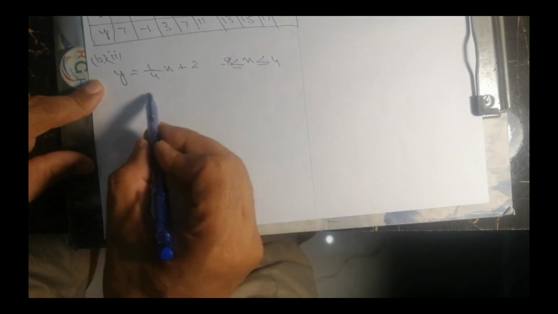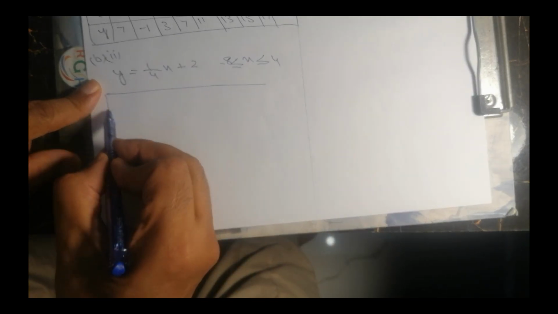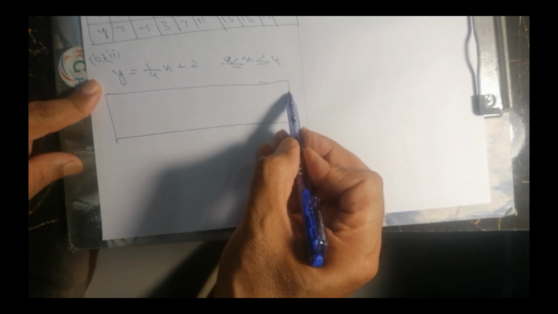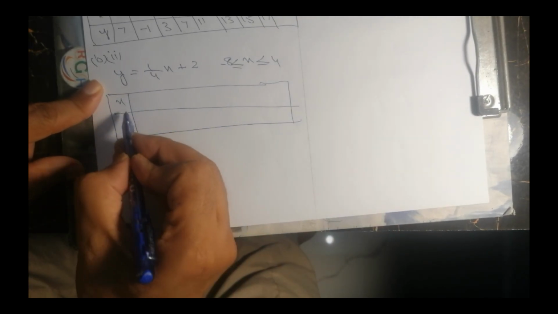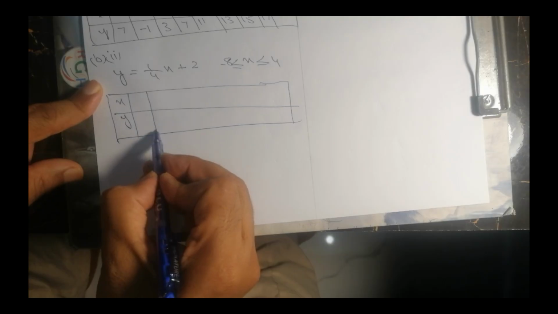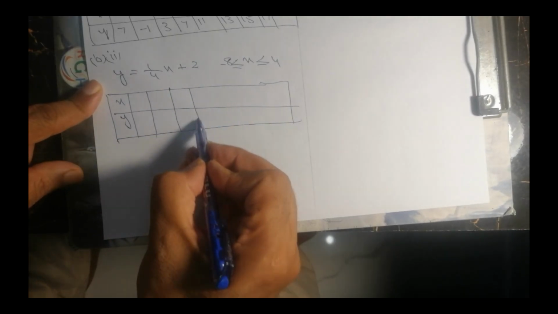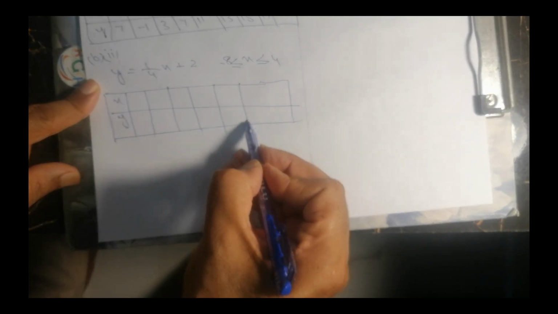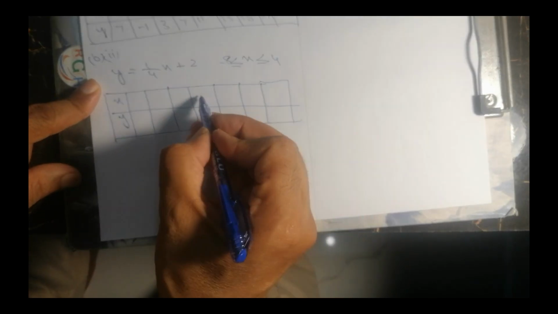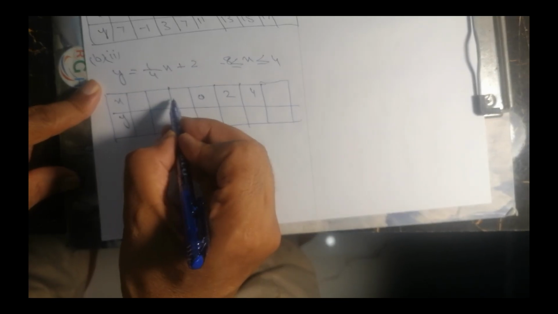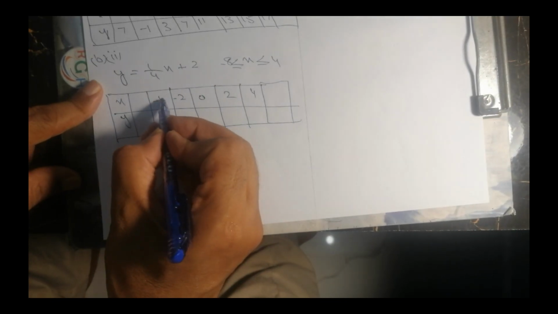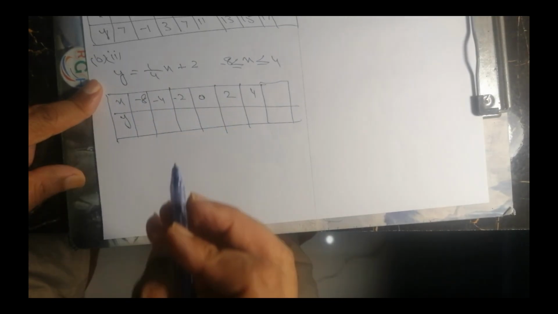So we need to draw the graph. So x, y, we can take 0 to 4 and -2, -4 or -8.